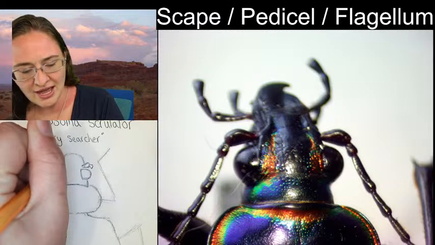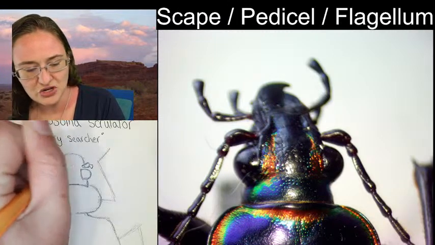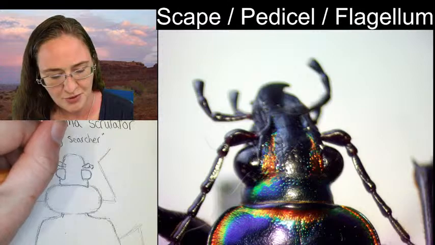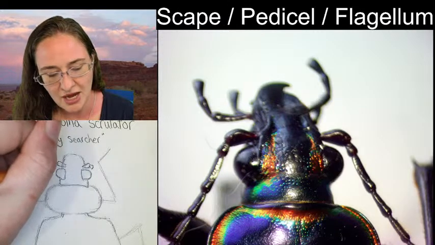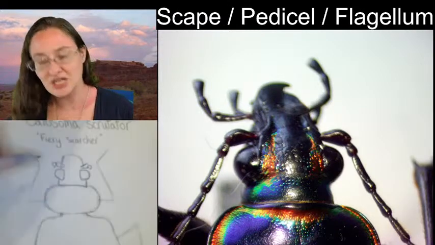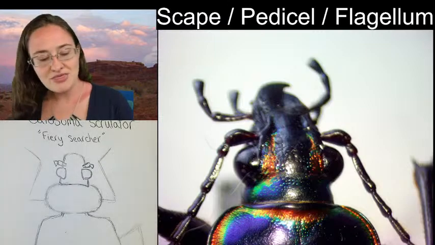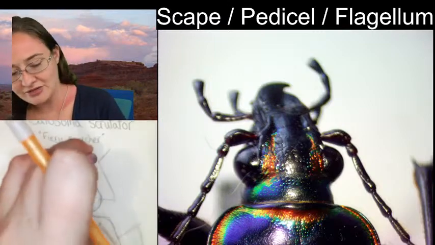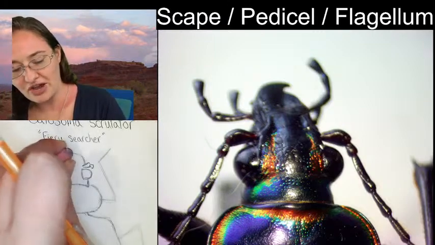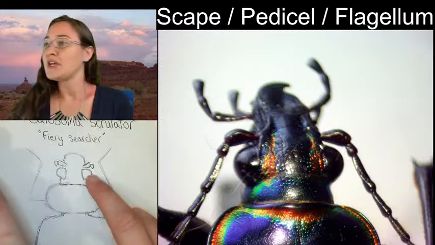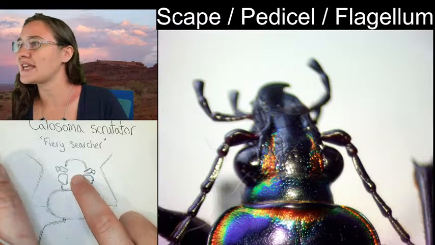So I'm going to sketch just the first two segments, the scape and the pedicel, which gives me the direction in which the antennae are going to lay. Then I will come back and add the flagellum pretty much at the very end. All right, so we've got those antennae taken care of.